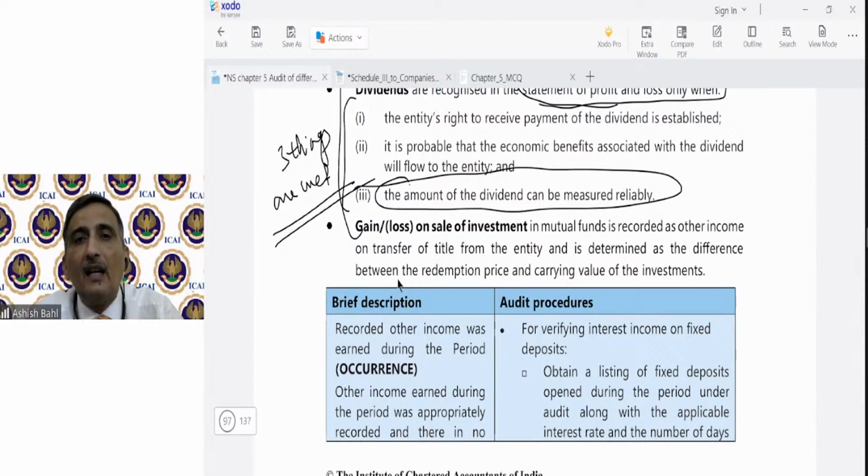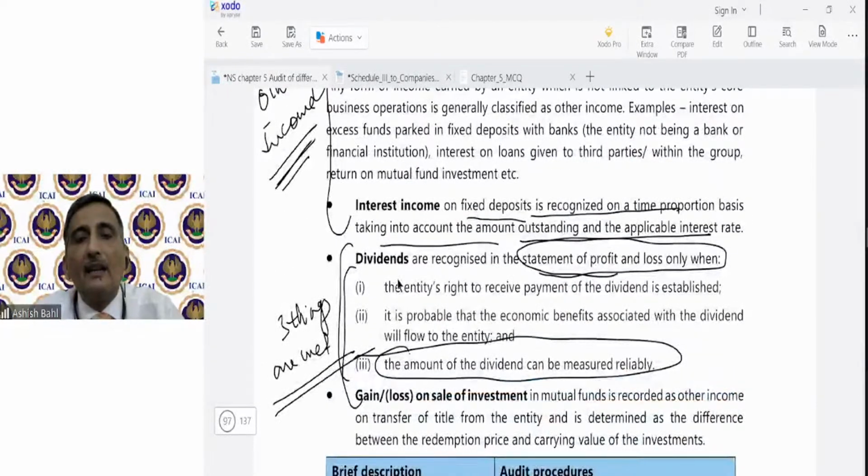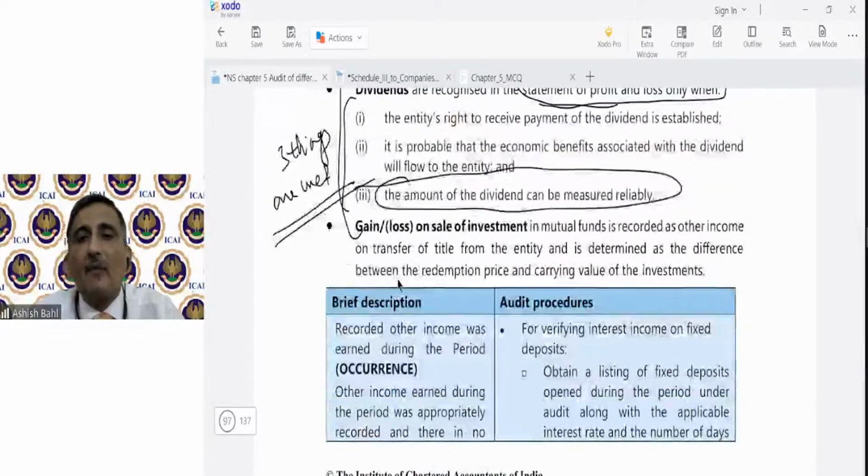It would be shown here in the other income. Say if the company has made investment in mutual funds and the mutual funds are redeemed during the year, so obviously the difference between the redemption price and the carrying value of investment has to be booked somewhere, so it would be booked here.